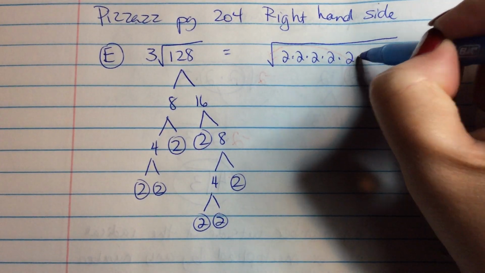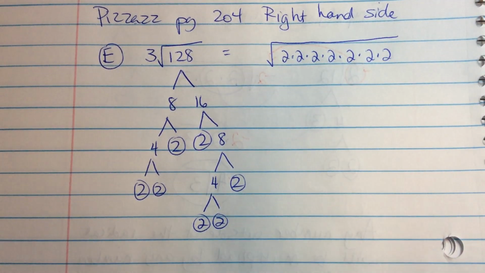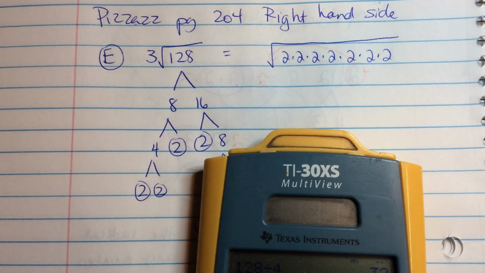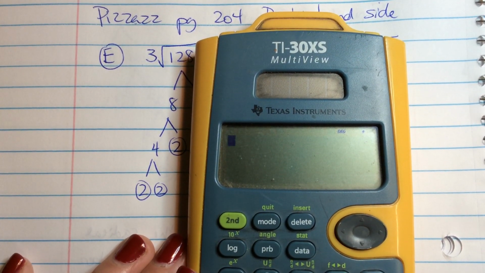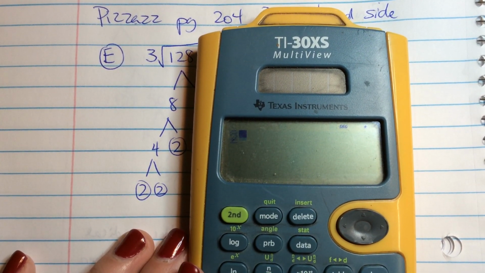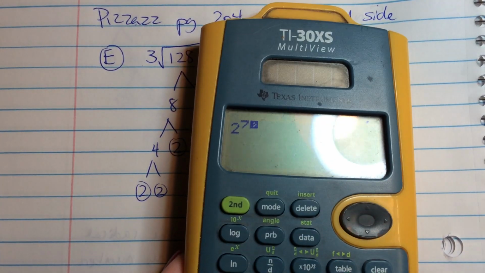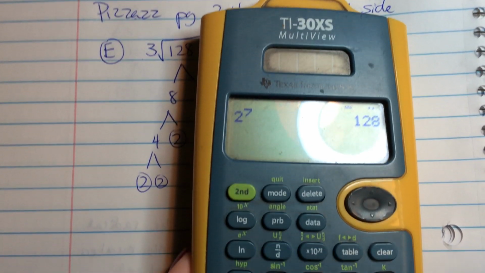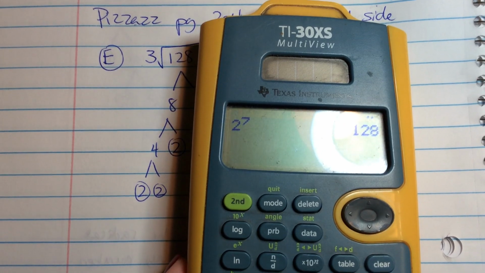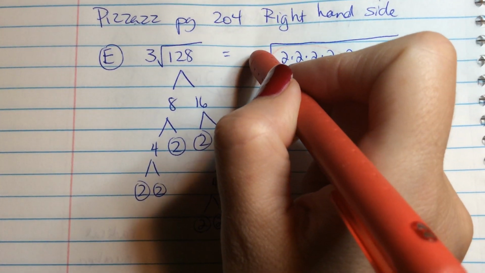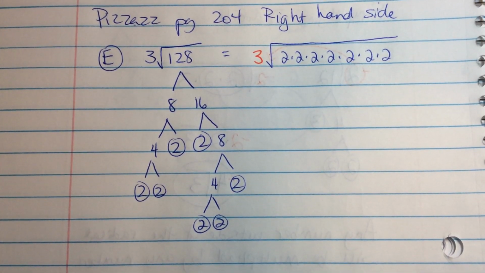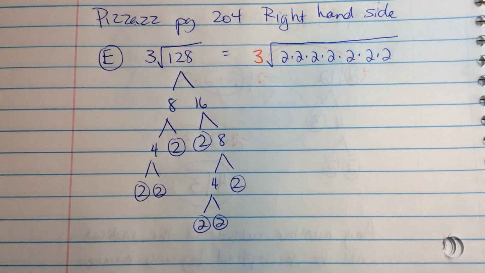So that's 4, 5, 6, 7. All right, so instead of actually typing 2 times 2 times 2 7 times, I'm just going to do 2 raised to the 7th power, because that really is what it is, and it is 128. So we're right. And then we still have the 3 that was out front from over here.